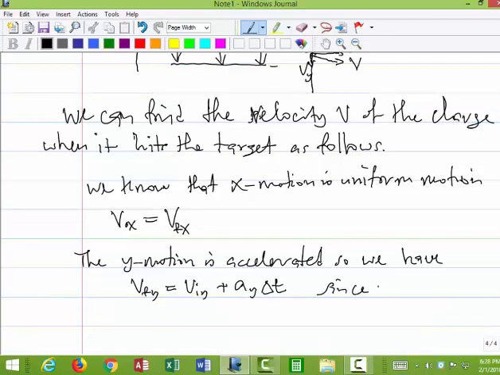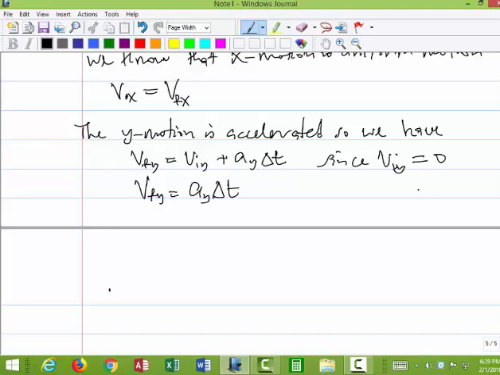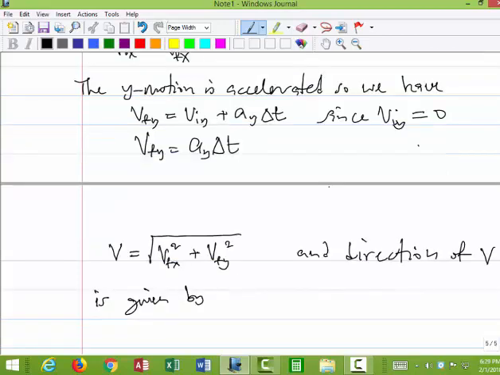And since v initial y is equal to 0, we shall say v final y is just equal to a subscript y delta t. From here then we can find v, so we can say that the velocity v is equal to the square root of v final x squared plus v final y squared, and the direction of velocity is given by, let's say, an angle phi, which is given by the tangent inverse of v final y divided by v final x.